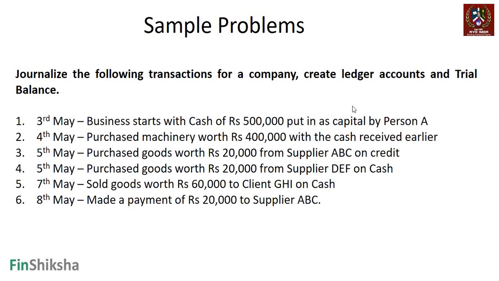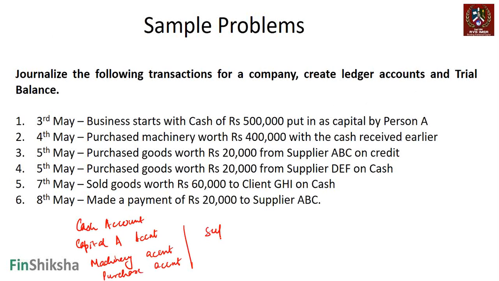If we look at this, we can automatically say what are going to be the various accounts. There is going to be a cash account, there is going to be a capital account, for person A. And then there's going to be a machinery account, and a purchase account. What else?